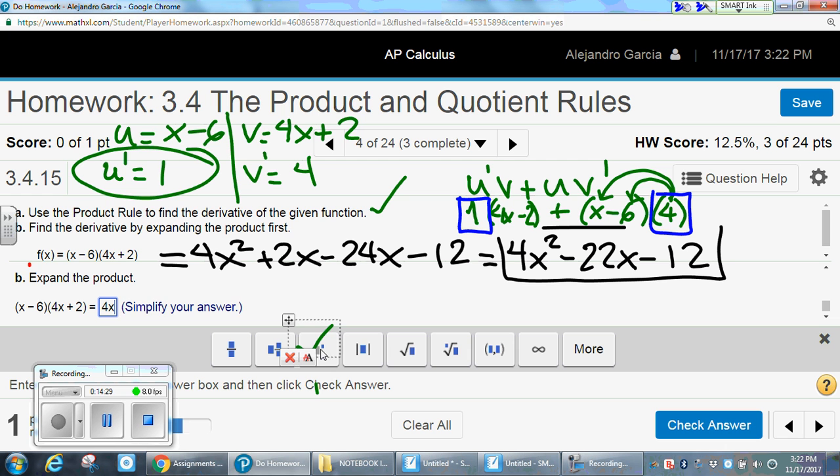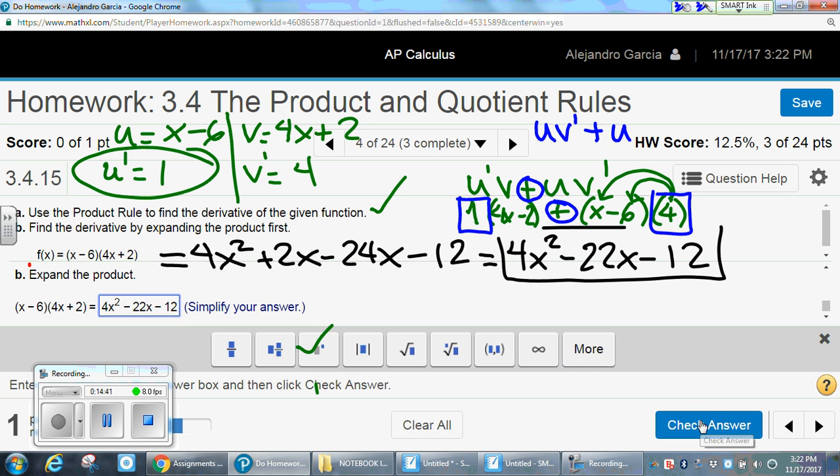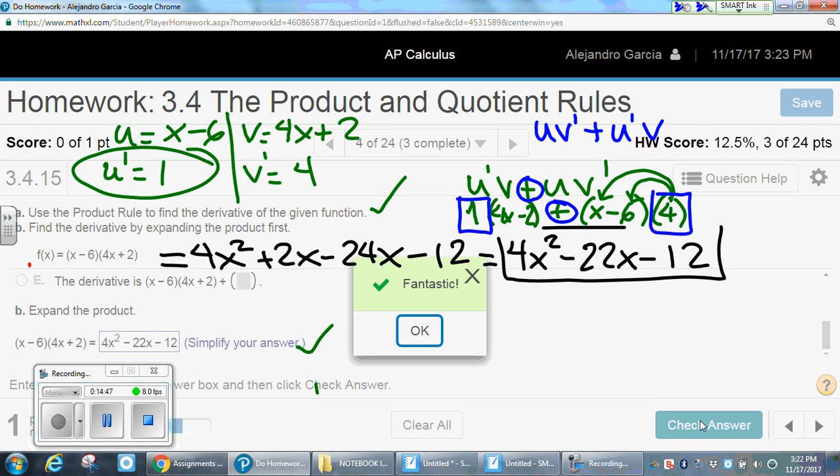And actually, that's a very important fact of the product rule, that since we're adding, it doesn't really matter if we take U V prime plus U prime V. It doesn't matter because addition is commutative, meaning if you change the order, it's not going to affect the result. Are you guys following me?